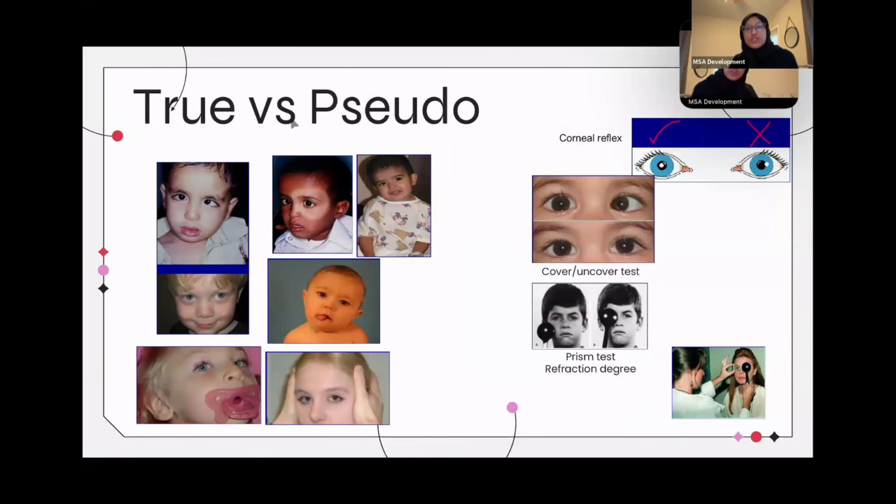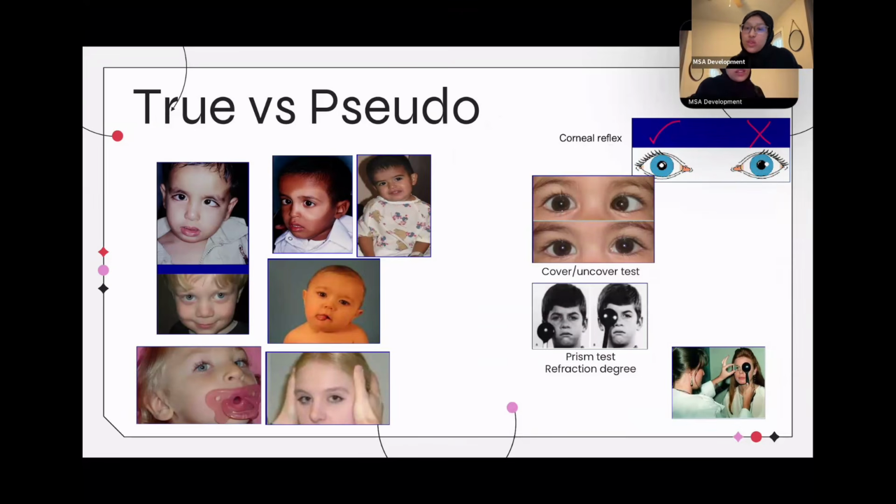Okay? So true versus pseudo, look at corneal reflex. This is how it should be. If it's outside the pupil, that is not correct. Okay, that is strabismus. And then you can do cover uncover test, prism test.